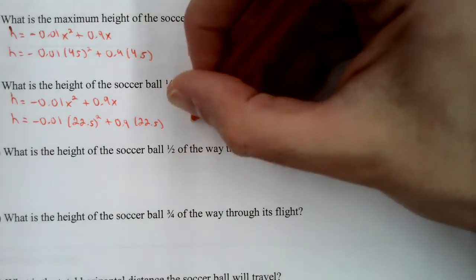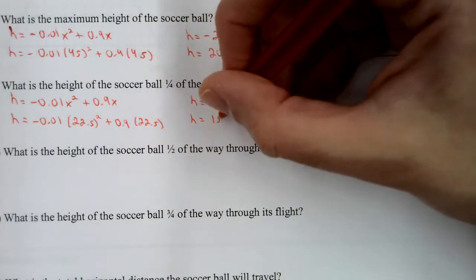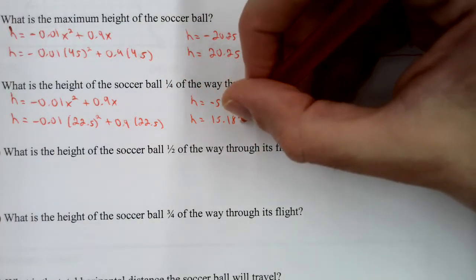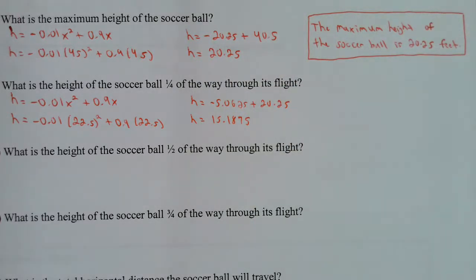So you're going to get the height equals 15.1875. It does not tell me what to round to here. If you want to round it to 15.2, that's fine.